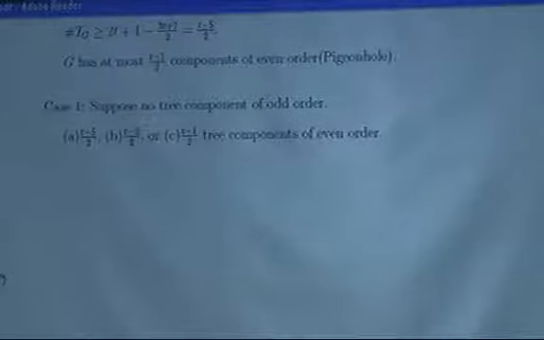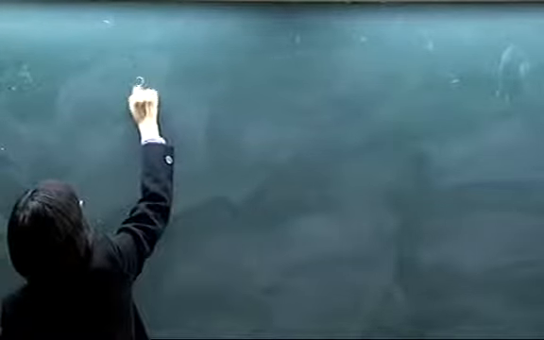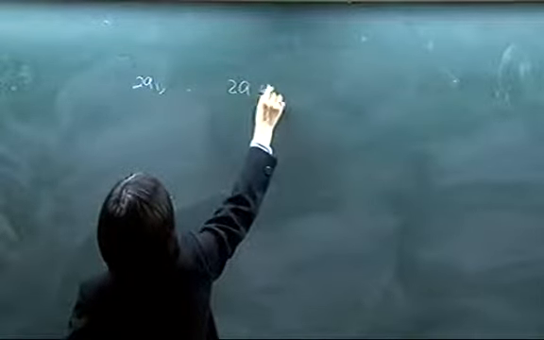Because say you have at least half of t plus 1 components of even order, and you can say their orders are 2a1 up to 2a half of t plus 1.